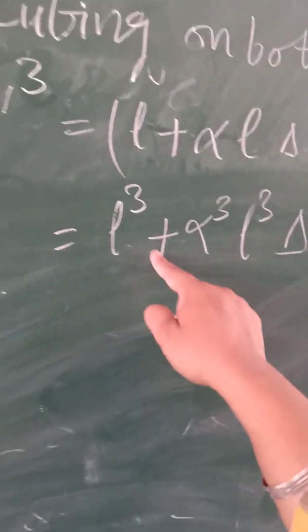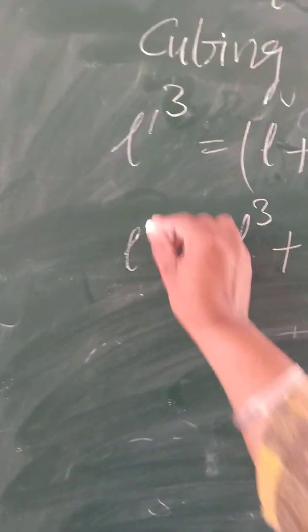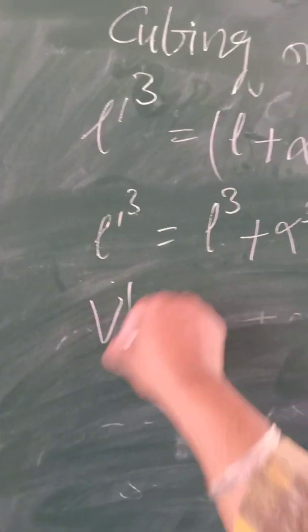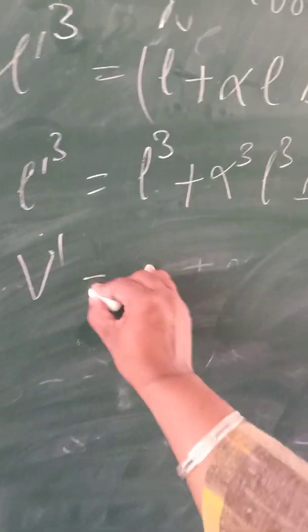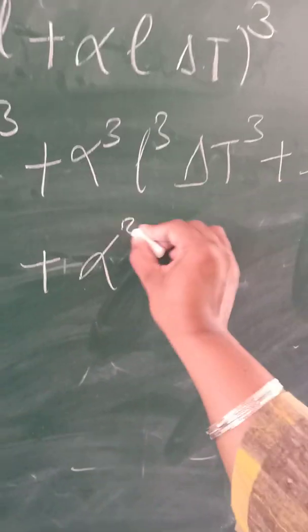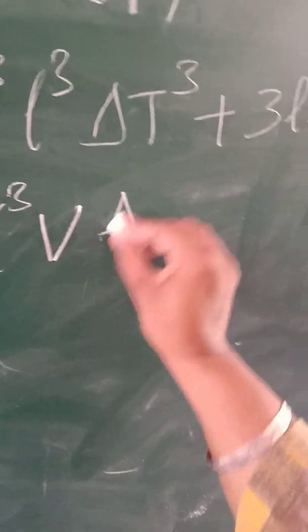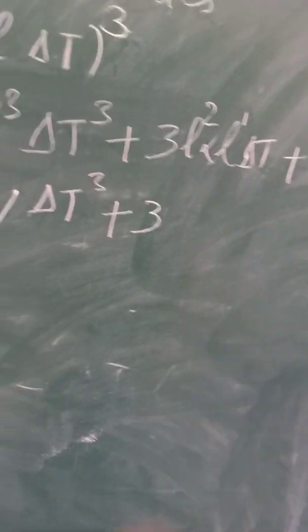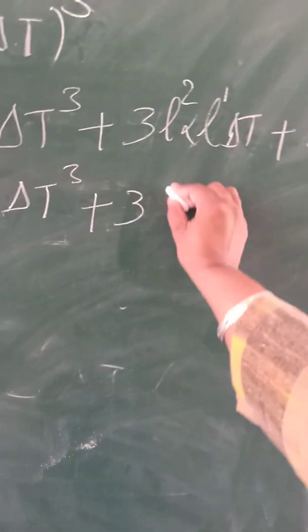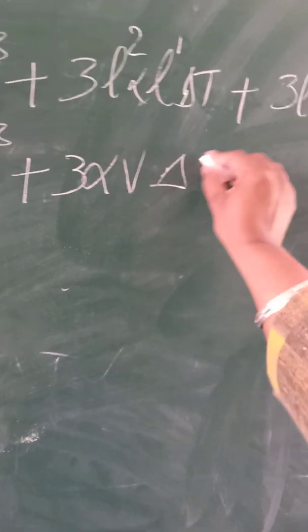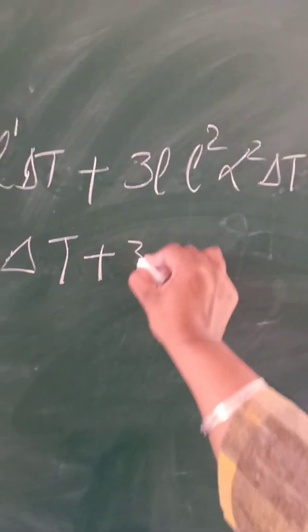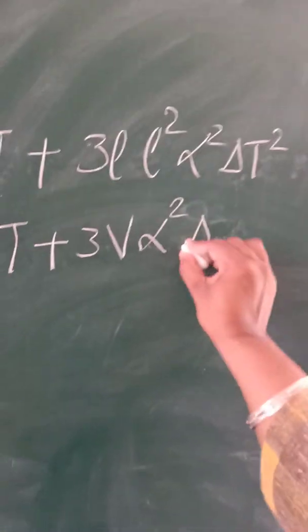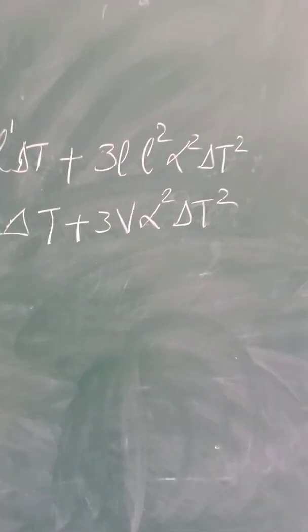Now length into breadth into height, L cube, equals volume. So we get V plus alpha cube, L cube means V, delta T cube, plus 3 L square and L raised to power 1, which is 3 alpha V delta T, plus 3V alpha square delta T square.